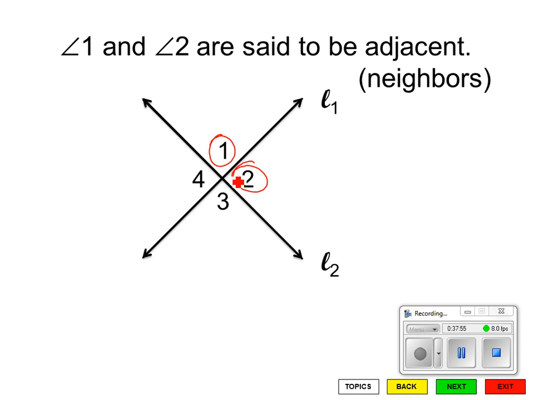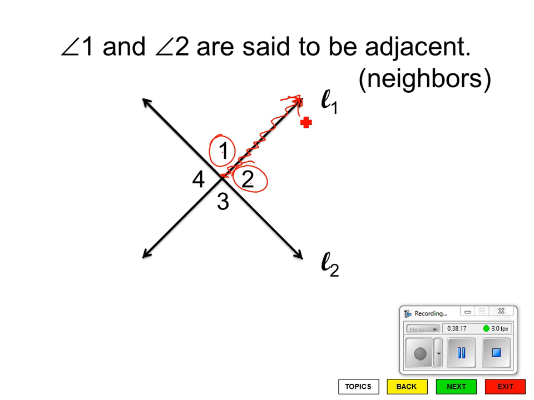We share a what? Wall. A wall. These two angles are adjacent, not because they share a wall, because there's no walls in angles, but they share a what? A ray or a side of the angle. All right? Are there other adjacent angles in that picture? 1 and 4, 4 and 3. 4 and 3, 3 and 2, all those are adjacent angles.